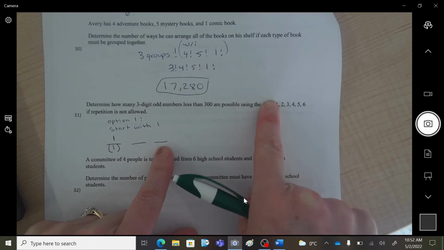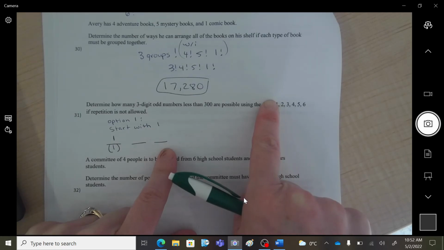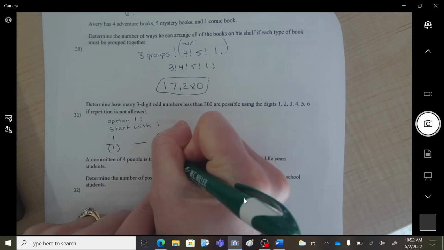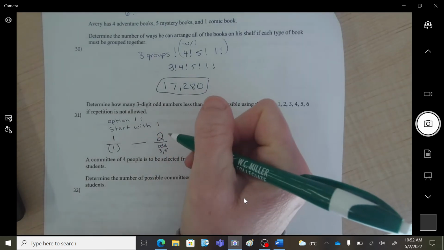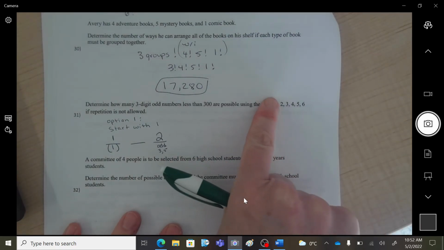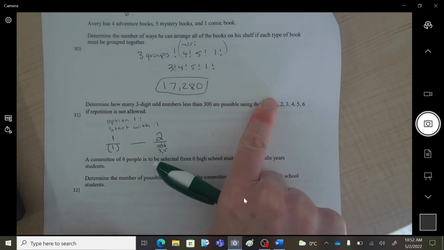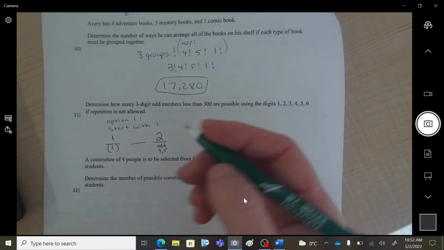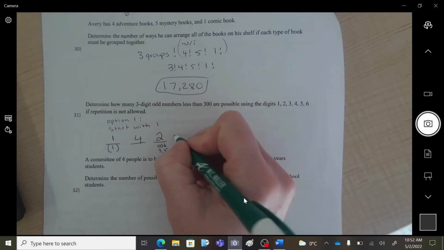I have to keep it odd. So how many options would I have there? I could do a 3 or a 5 to be odd. So I'd have 2. So I could have picked a 3 or a 5. And then if I pick one of them, let's pretend a 3, I could do 2, 4, 5, 6. So I would still have 4 options. So that's 8.